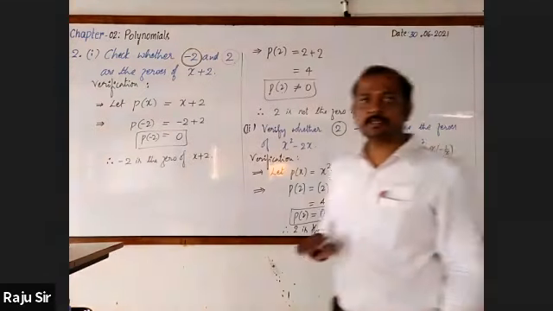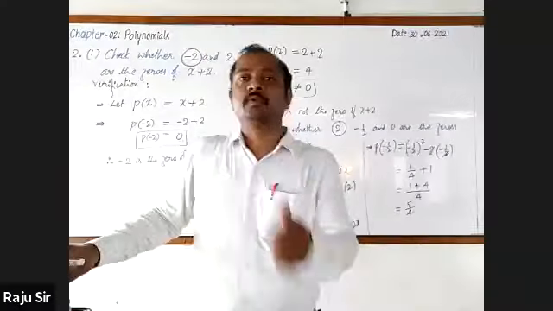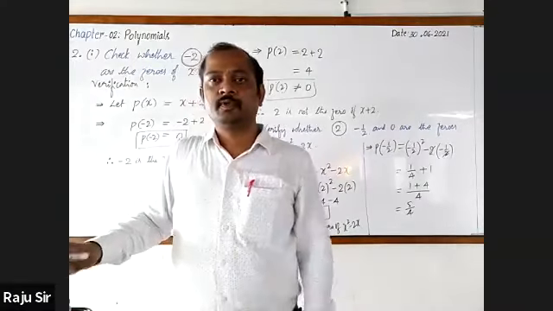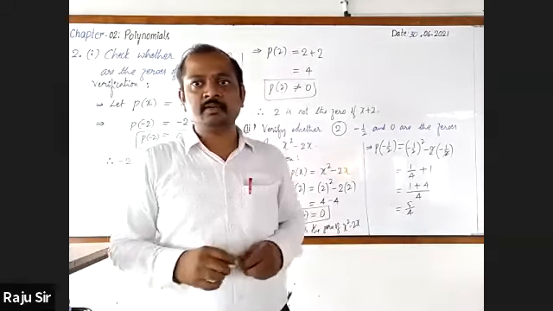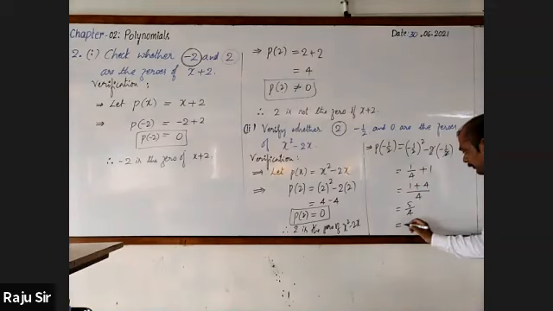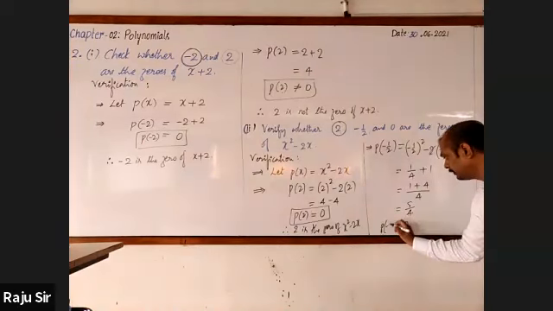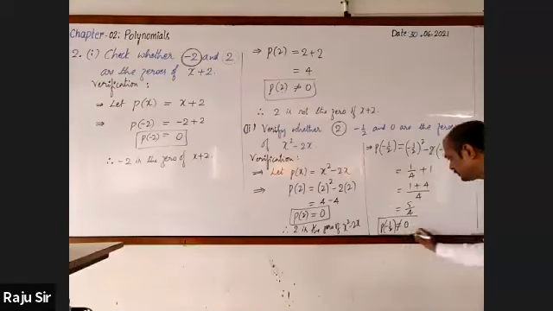Have you got the same answer? Yes, sir. Now, here 5 by 4 is not equal to 0, which means P of minus 1 by 2 is not equal to 0.